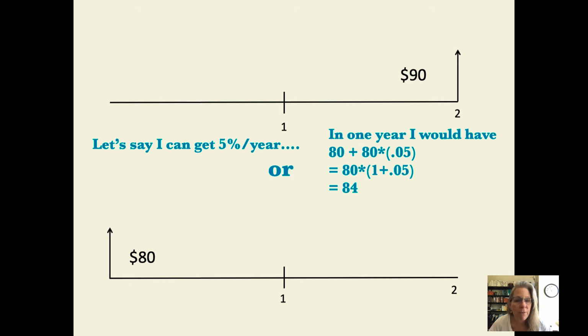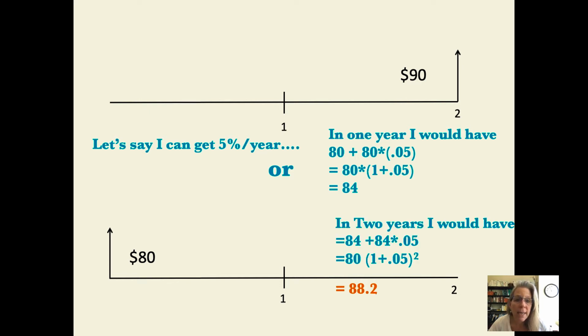So I say in 1 year, I'll have $80 plus the interest I earned on it of $4, so I'll have $84. And then in another year, I'm going to take that $84 and earn another year of interest, which is the same as taking $80 and having 2 years of interest, 1.05 squared, which means it's going to be the same as about $88 in 2 years.